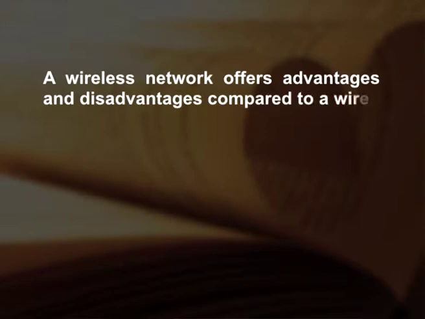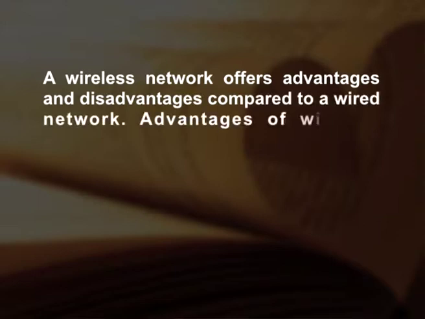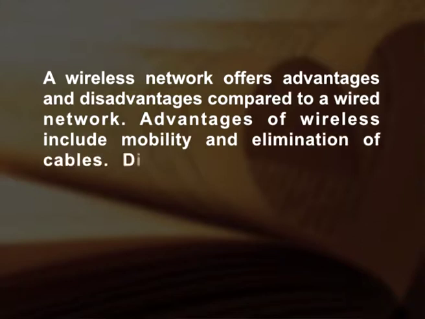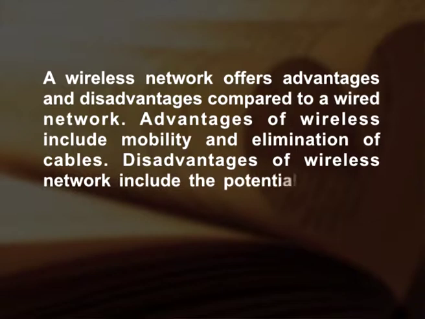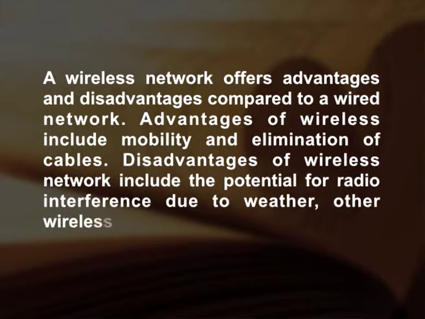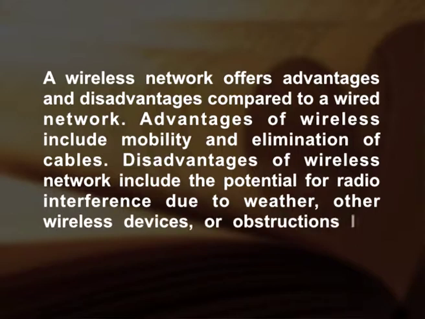A wireless network offers advantages and disadvantages compared to a wired network. Advantages of wireless include mobility and elimination of cables. Disadvantages of wireless network include the potential for radio interference due to weather, other wireless devices, or obstructions like walls.